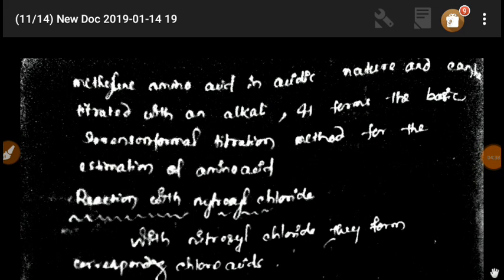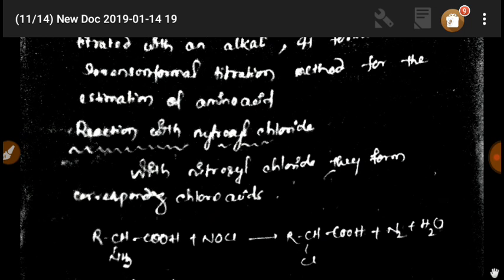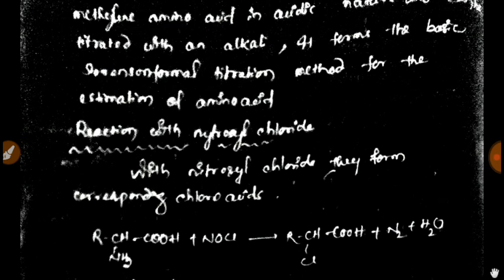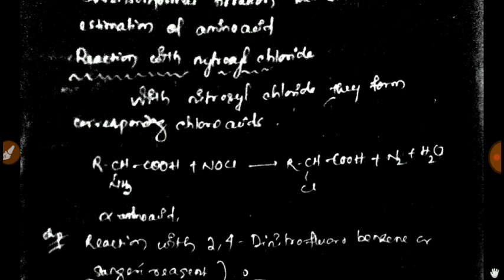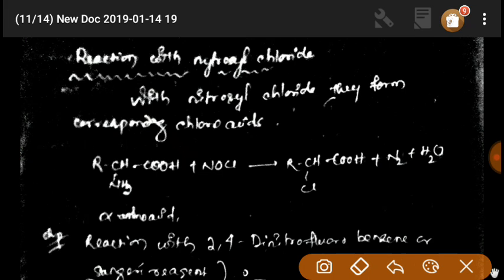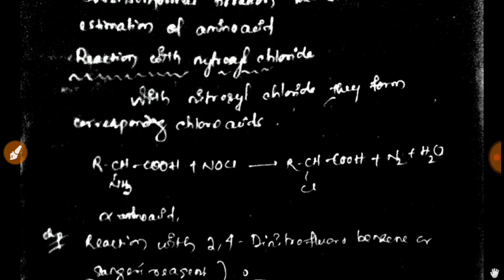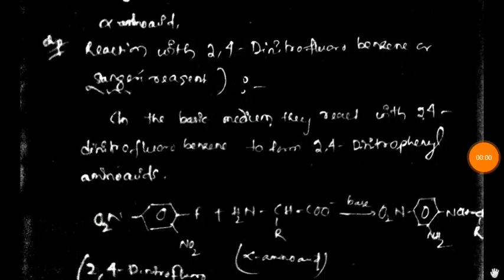With nitrosyl chloride, the amino acid forms the corresponding chloride. You can see we have to react the amino acid with NOCl, and this corresponding chloride will form as in the figure. You can also note it in your notebook.